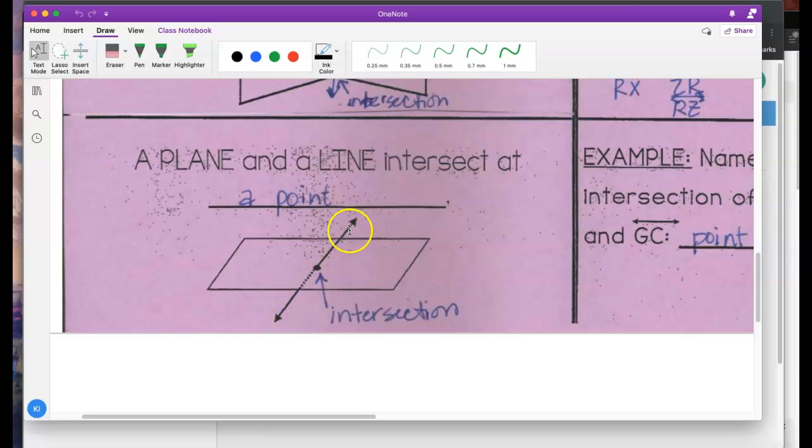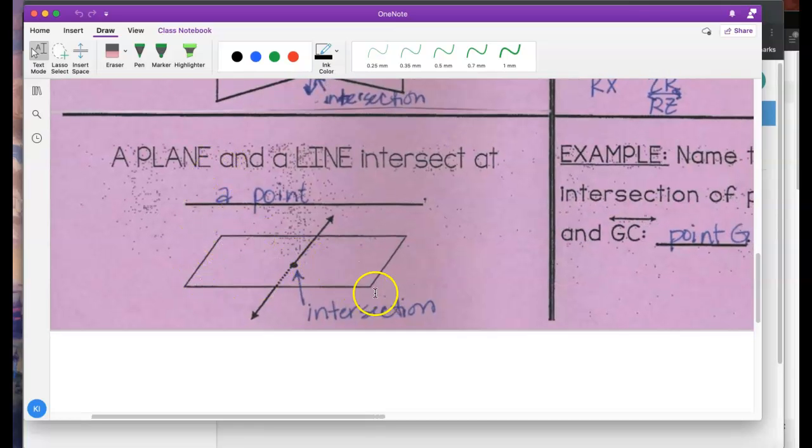Now think about what if you stood a ruler up through a desk, or you have a pole going through the ground. This is the part that you see, and this is the underground part, which really should be all dotted if you're thinking of it that way. Those intersect right at that point in the ground where the pole goes in.